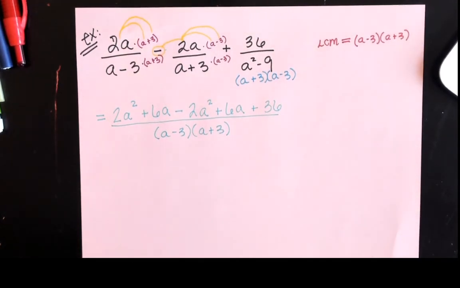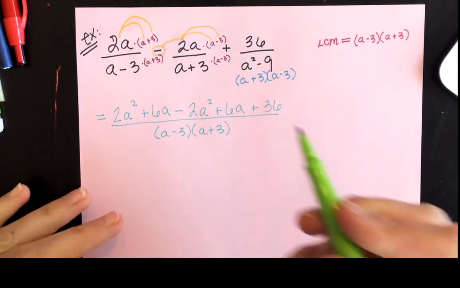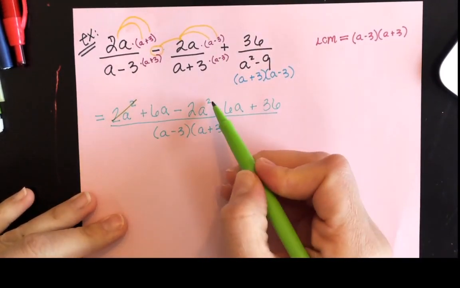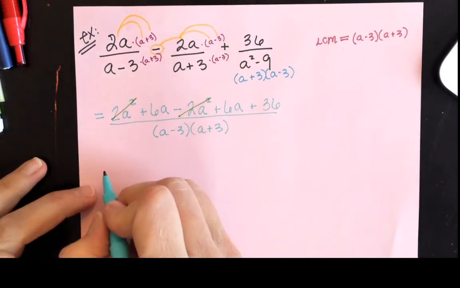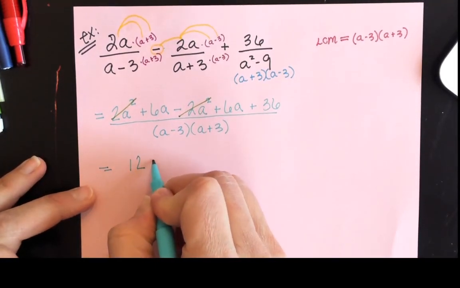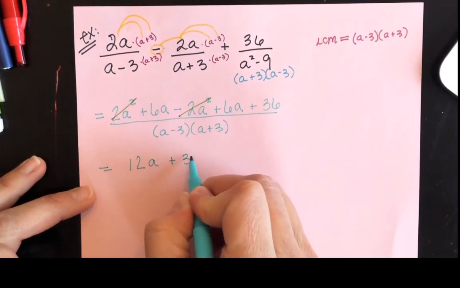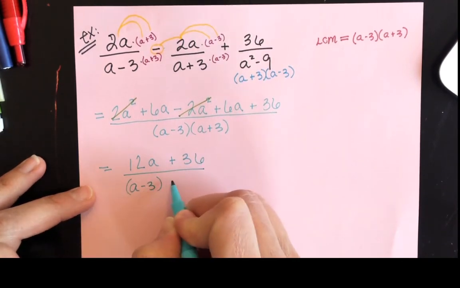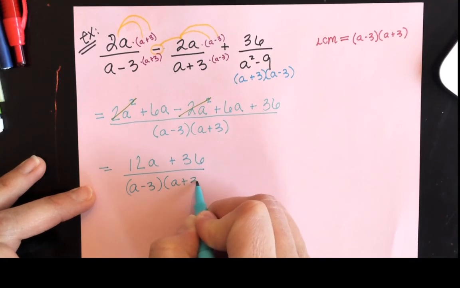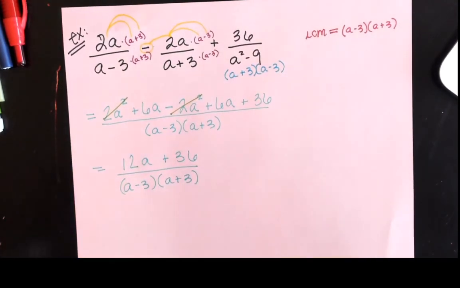So when I go and group this, I am hopeful that we can see that our 2a squared and our negative 2a squared are going to cancel. And we end up with 12a plus 36 over a minus 3, a plus 3. And again, what we have to make sure is that we don't have anything left.